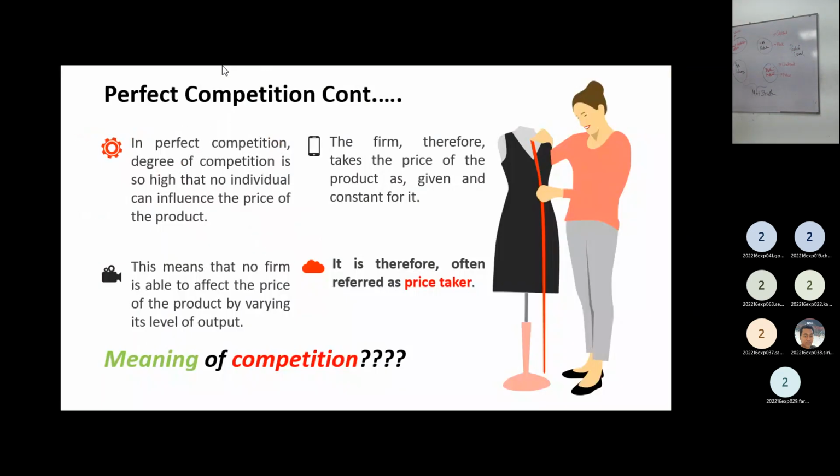Clear? So you could see that in perfect competition, the degree of competition is so high that no individual can influence the price of their product. They cannot decide the price of their product. Why? If I take the previous example, let's say there are 2 stalls, Nimal is here and Sunil is here, and they are selling mangoes.